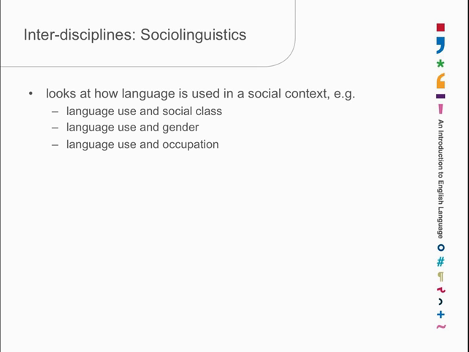Or what seems to be the trouble? Well, what seems to be the trouble is one of those phrases that tends to be used by doctors. It doesn't tend to be used at the supermarket checkout, where the checkout operator doesn't say, hello, what seems to be the trouble? They ask you whether you want to pay by cash or check. So language use and occupation can be studied, and the interaction between them can be understood after a while.